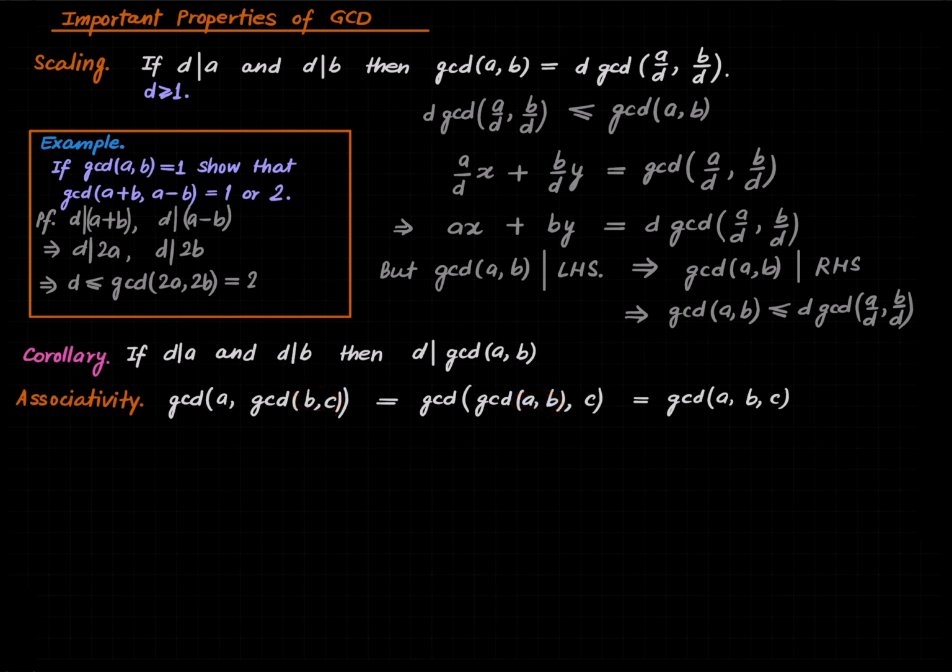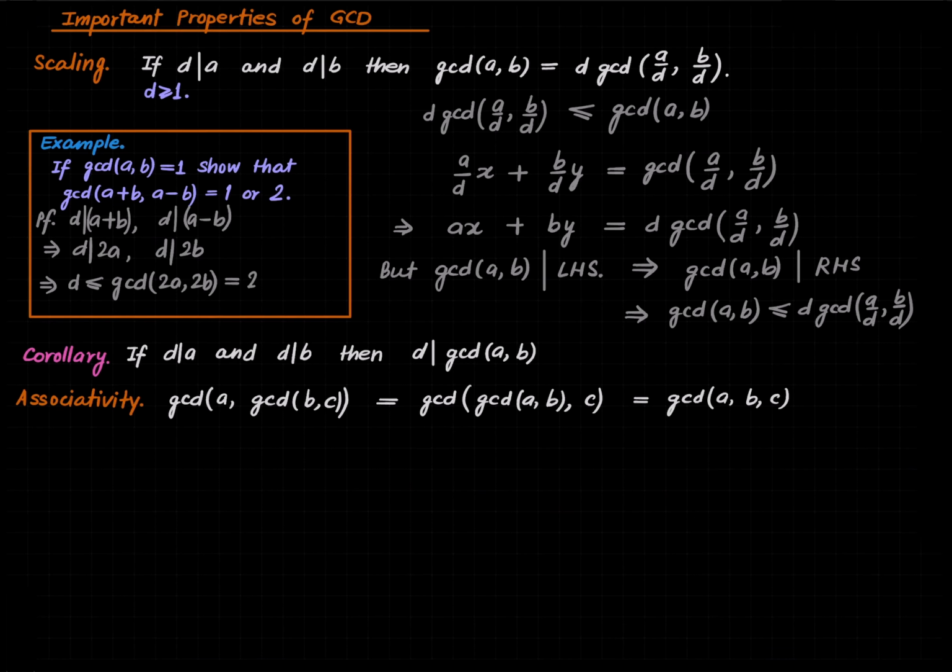Okay, great. So then we are saying that you can take the GCD of the last 2 and then take the GCD of the first with that, or you can do it the other way. Naturally, this is called associativity, just like we have associativity of addition. We have associativity of GCD.